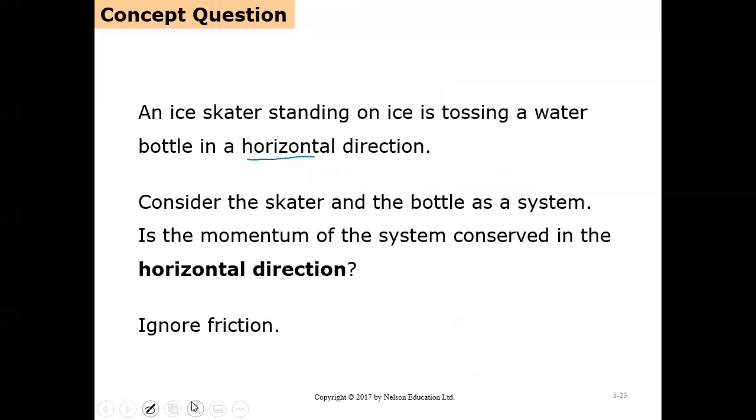Suppose the net force is equal to 0 in the horizontal direction for some reason, then momentum is conserved in the horizontal direction. It may not be conserved along the y direction, because the net force is not 0 along y. When he throws it up, the momentum is not conserved in the y direction.